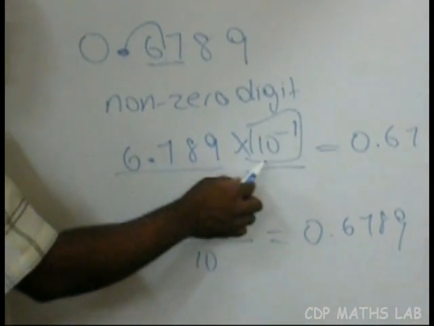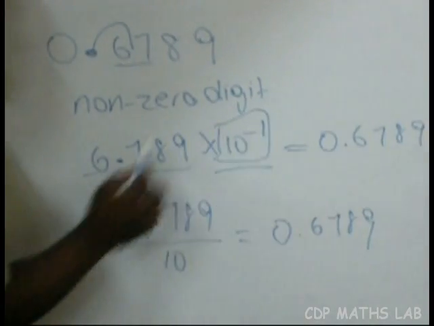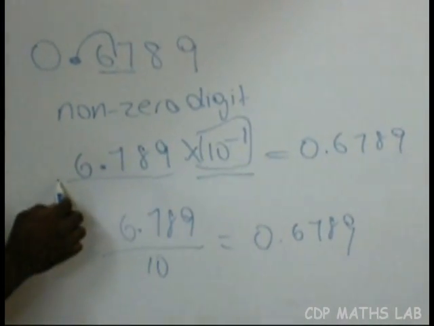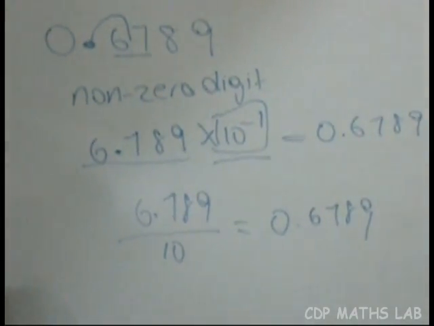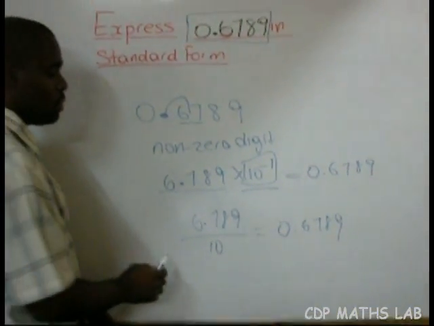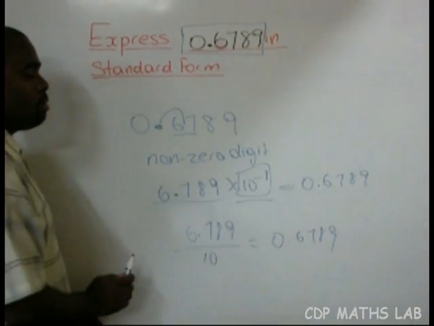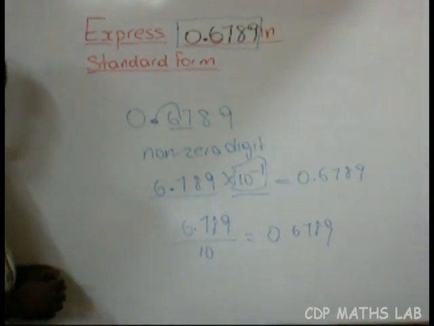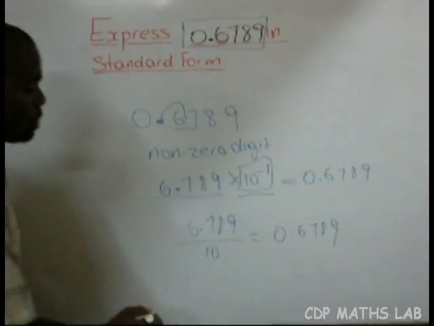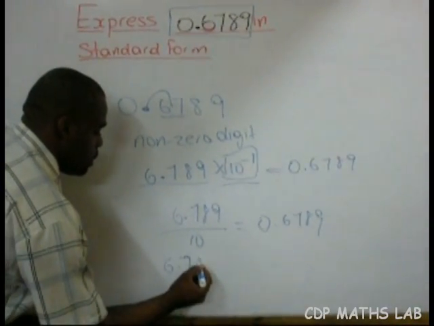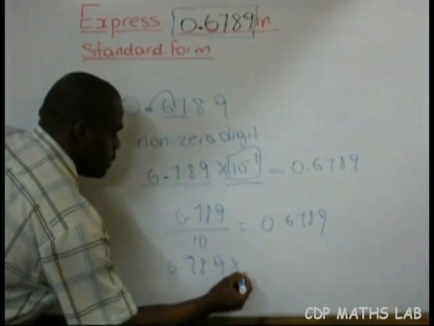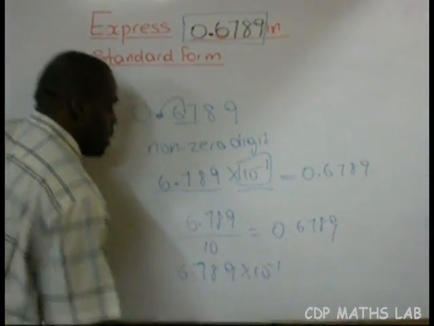And then always multiply it by 10 to the power of a number. So if it's a decimal number, you're going to move it to negative 1. Is that clear? Very good. And that is how we write that number in standard form. So the final answer, of course, is 6.789 times 10 to the negative 1.